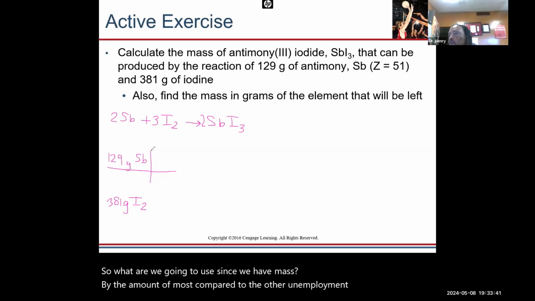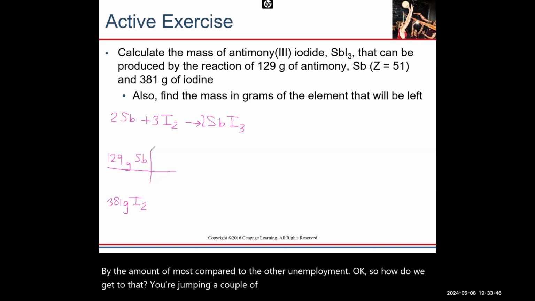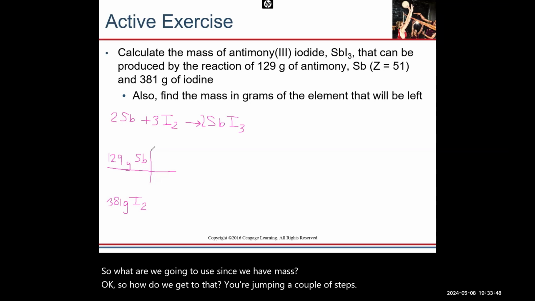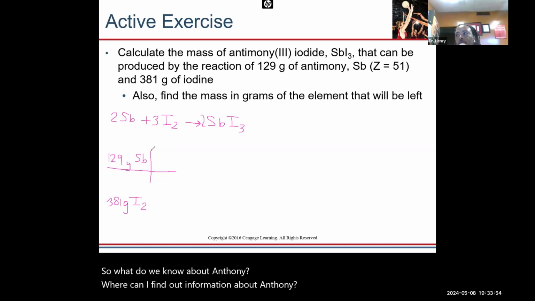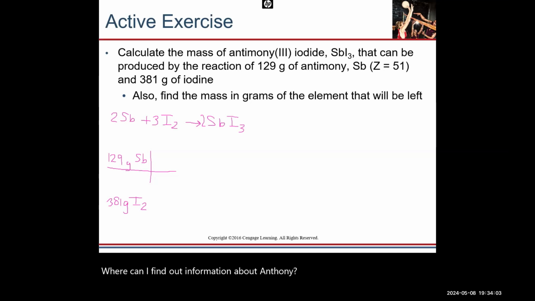Okay, so how do we get to that? You're jumping a couple of steps. So what do you know about antimony? Where can I find out information about antimony? In the worded question.